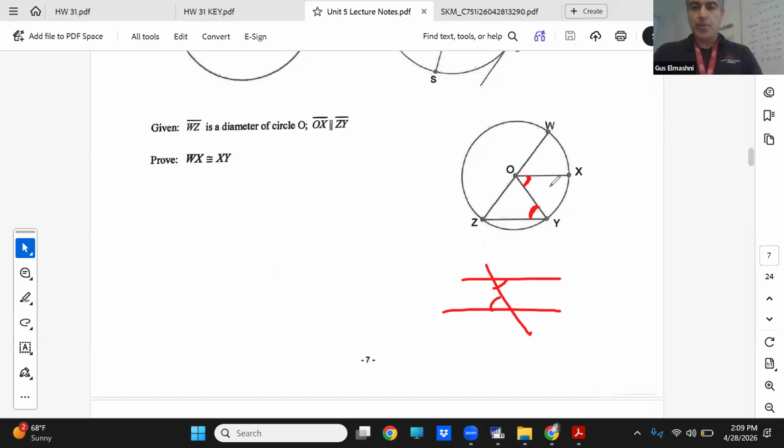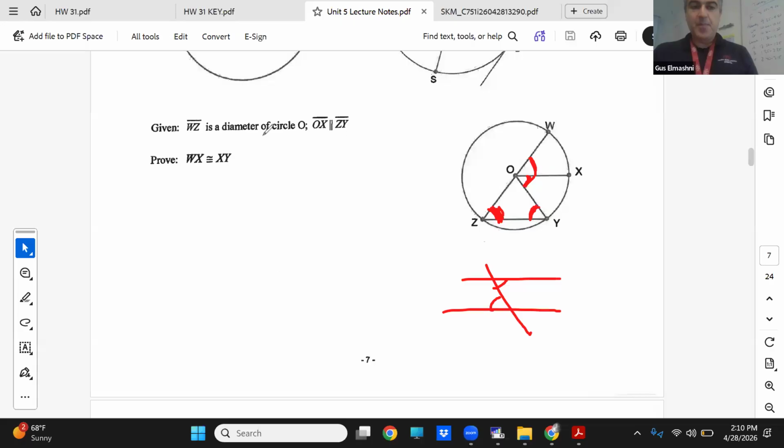And if that's true, and I do know that this angle is the same as this angle. So this angle is the same as this angle, and also this angle is the same as that angle. So therefore, if these two angles, WOX and XOY, are the same, the arcs are also the same.